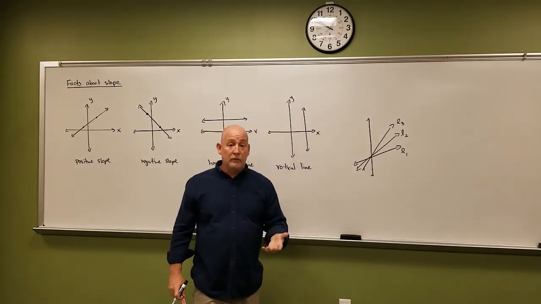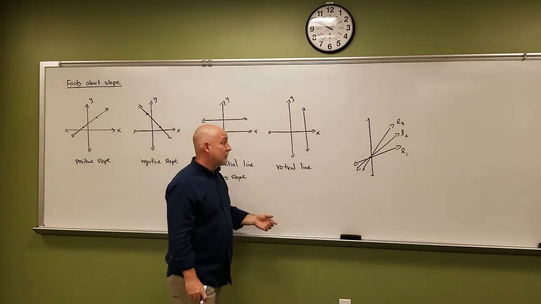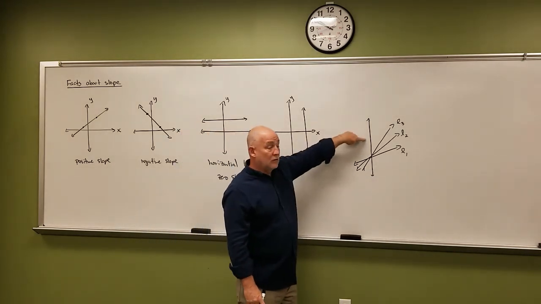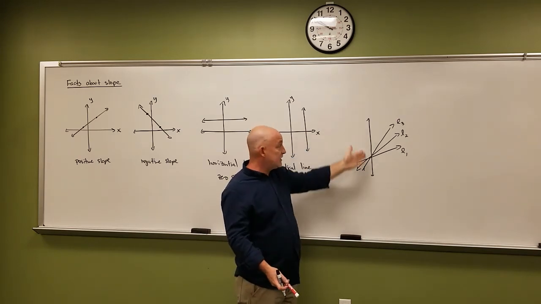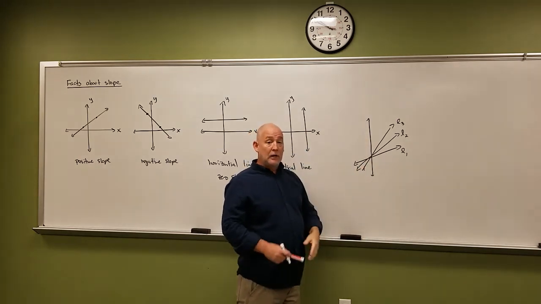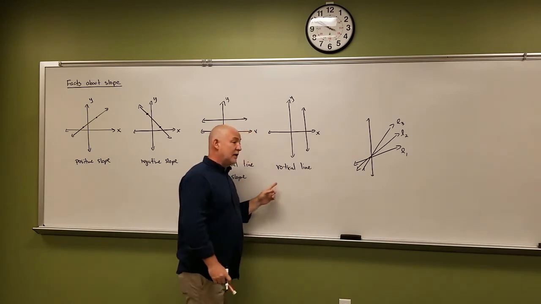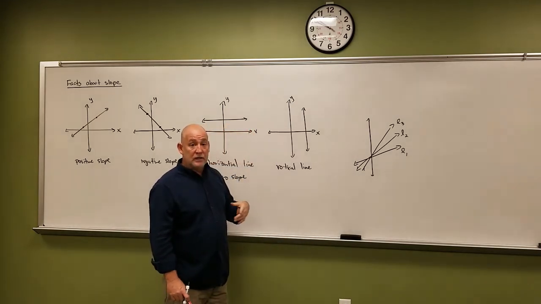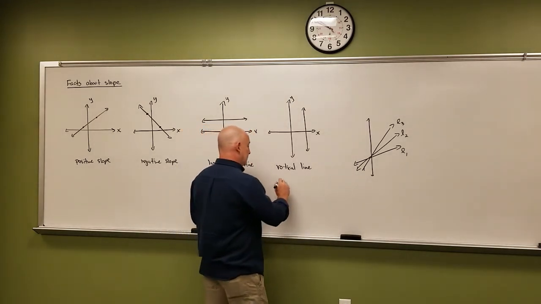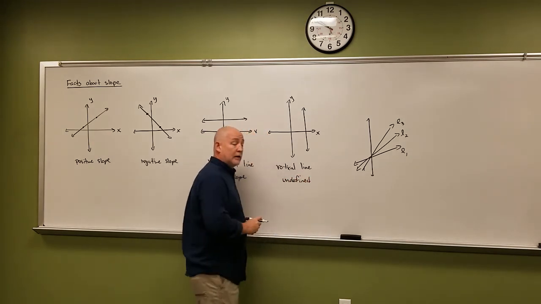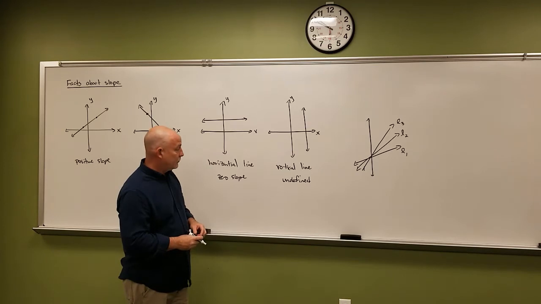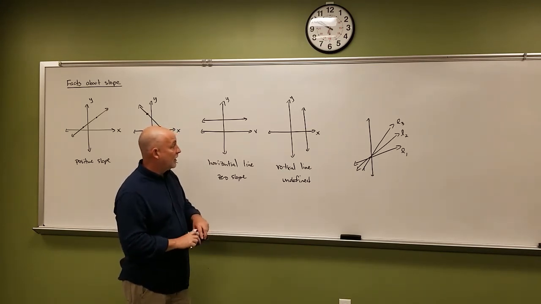Well, the only thing that's bigger than all the numbers is infinity. So technically, a vertical line has an infinite amount of slope. It can't have any more slope, right? That's as steep as you possibly can get. Now, we don't say that a vertical line has an infinite amount of slope. We just say that its slope is undefined. Right? So there's kind of your link between infinity and undefined, right? Because it's not a defined quantity.